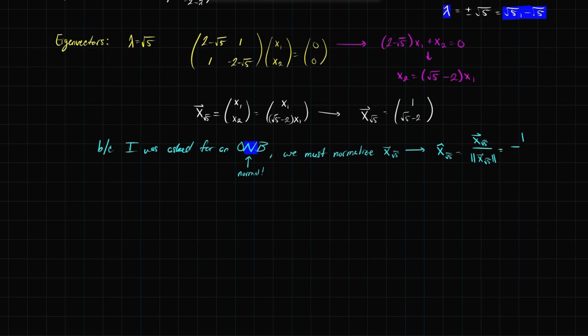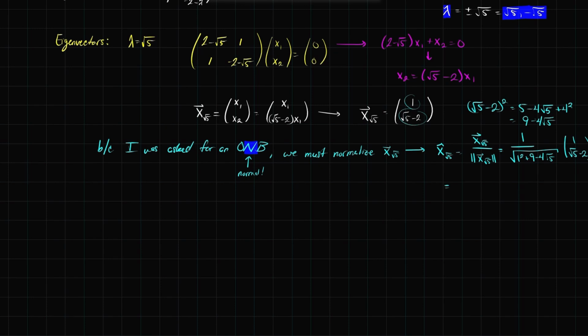That's going to be 1 divided by the square root of 1 squared plus, this is a little trickier, what is root 5 minus 2 squared? That's 5 because of root 5 squared. If I look at my insides, it's minus 2 copies of 2 root 5. And then that last term is plus 2 squared, which is 4. So I have 9 minus 4 root 5. A little bit ugly.